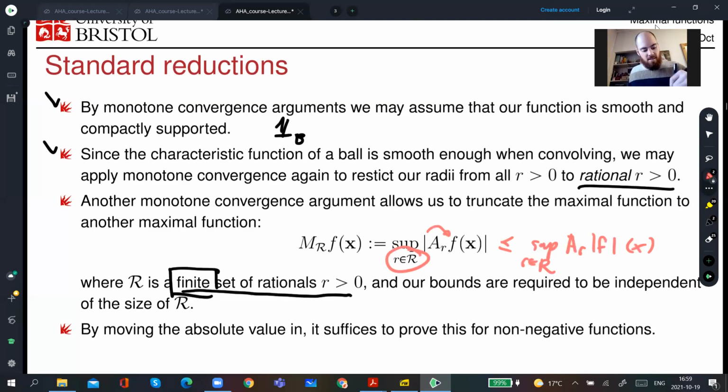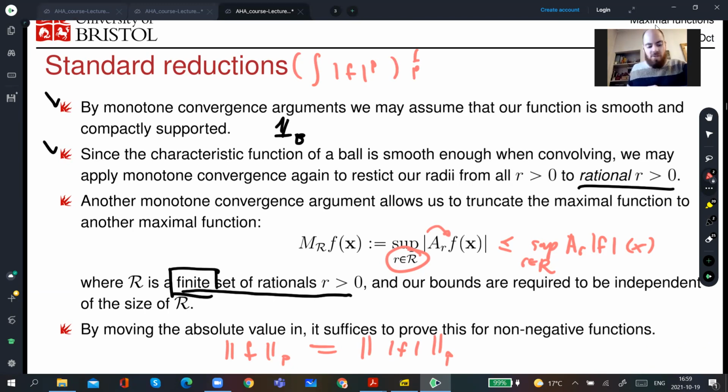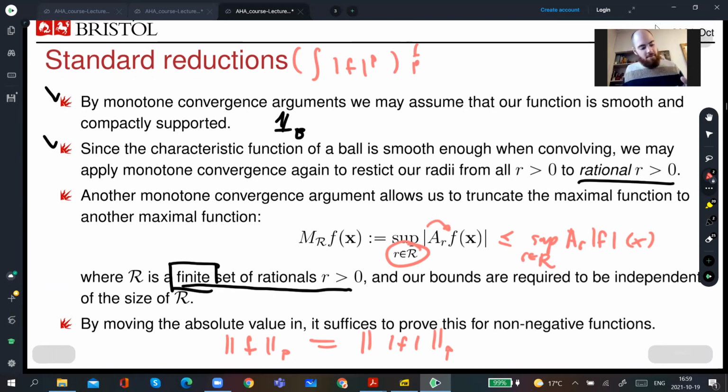And that's because the LP norm of f is equal to the LP norm of the absolute value of f, right? In defining the LP norm, I took the absolute value to the pth power and to the 1 over p. So there's nothing lost by just assuming f to be non-negative.